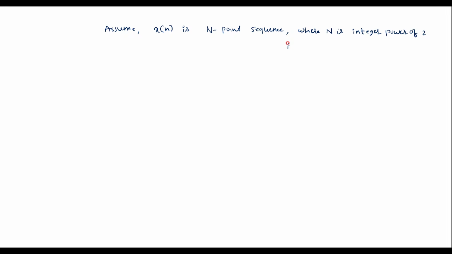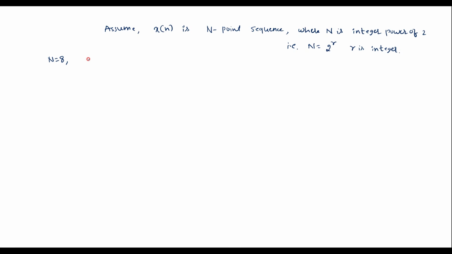That is, I can say n is equal to 2 power r, where r is an integer. Now for understanding purposes, I will consider n is equal to 8.